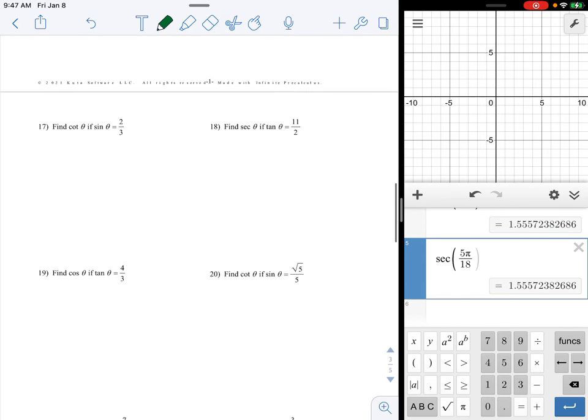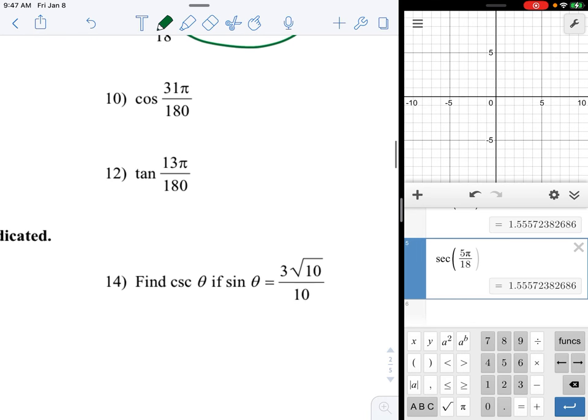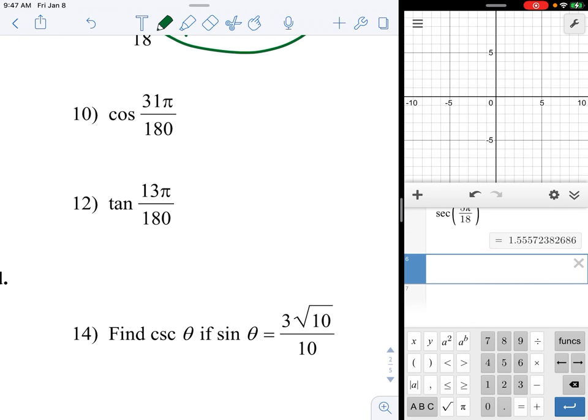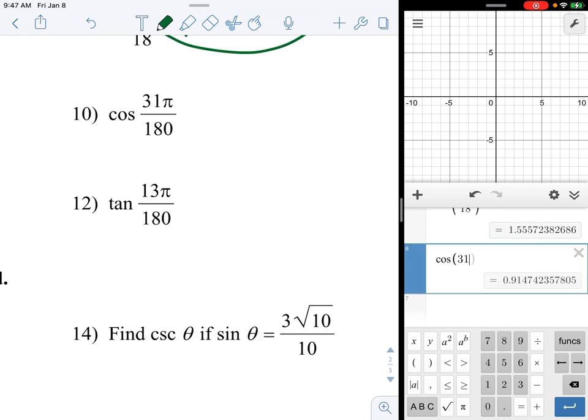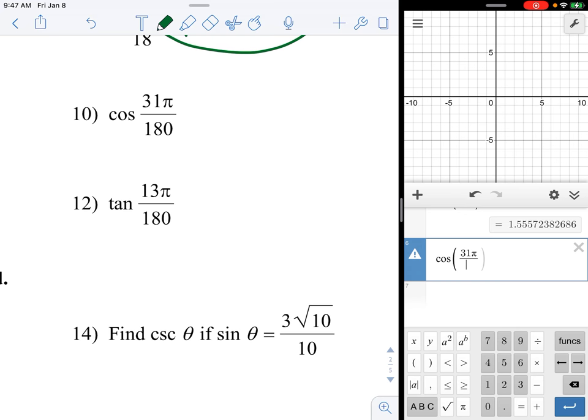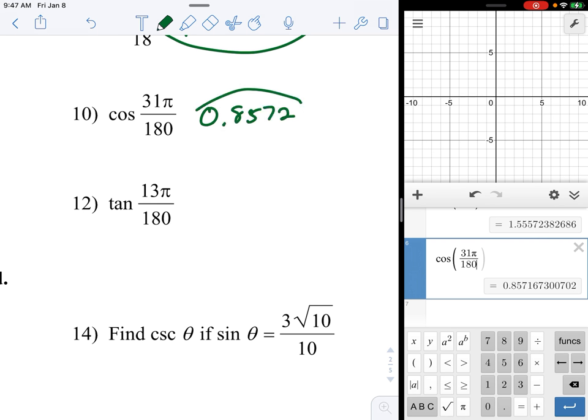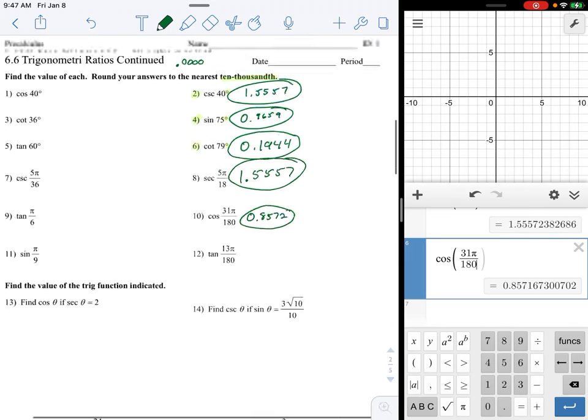Now that the calculator is in radian mode, I'm good to go for the rest of the exercises. So function cosine 31 pi over, and I'm using the divide button to get that fraction bar, of course, over 180, 0.8572. That 1 is going to round up to a 2.